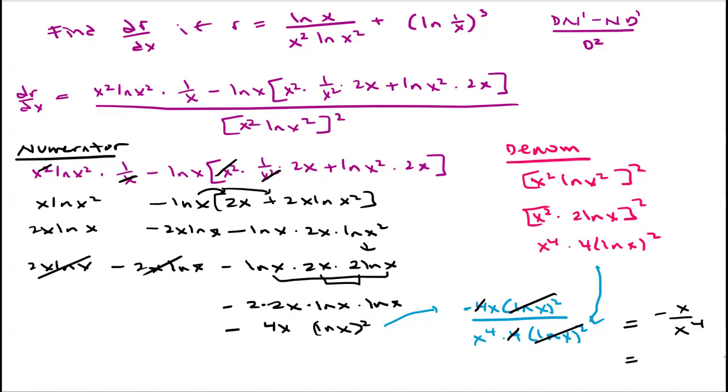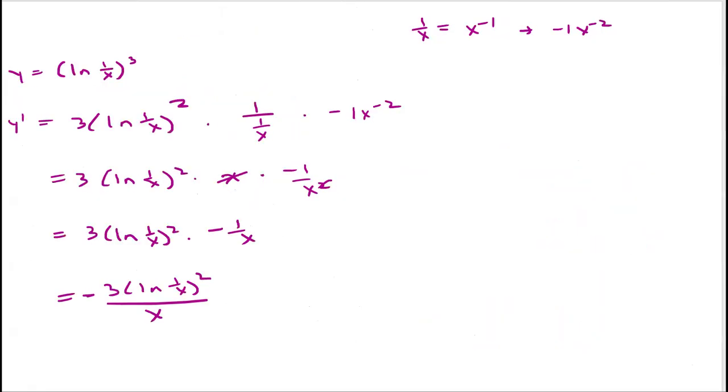And then this x is going to cancel, leaving us with 1, and then we'll have 3 left over on the bottom. So we get negative 1 over x to the third power. Okay, so that's what this side here is going to represent in regards to the derivative. And then we just combine it to what we had for here. Okay, so let's go to that.